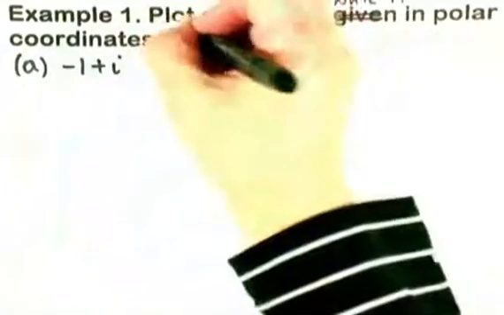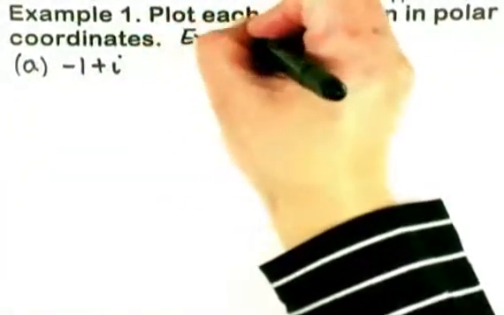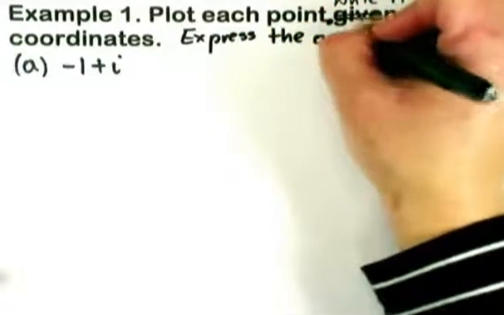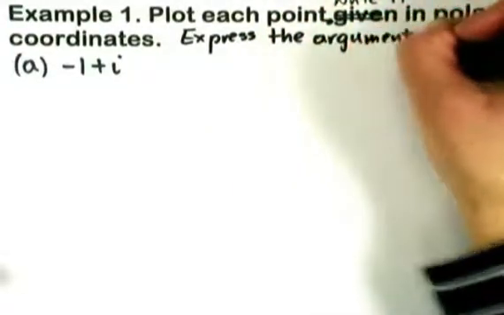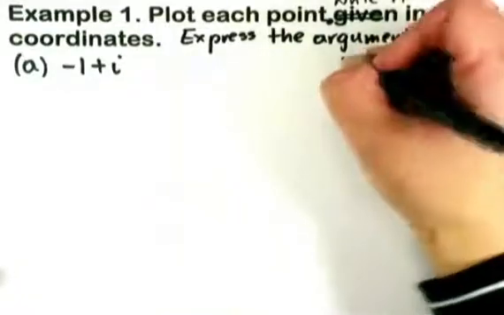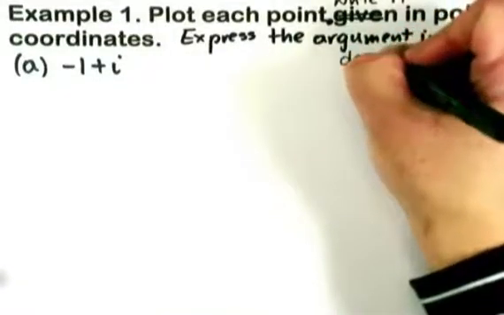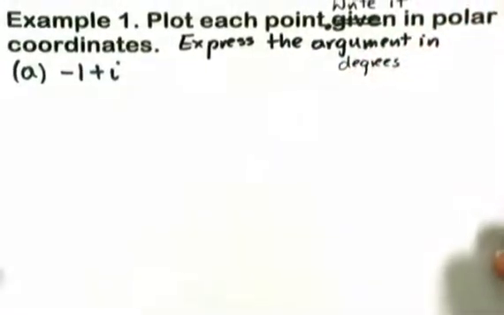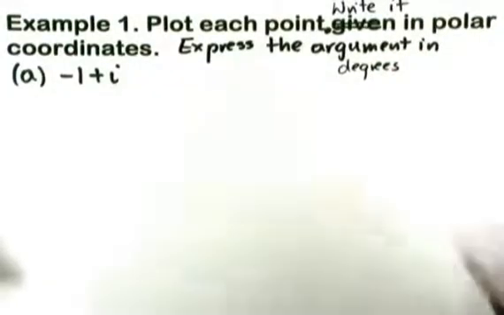Express each argument in degrees. So the first number we have is -1 plus i.